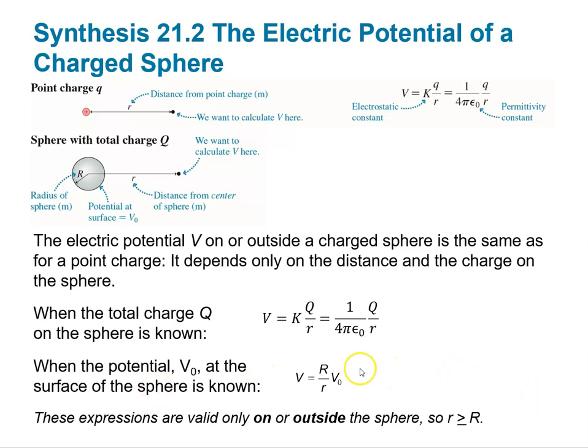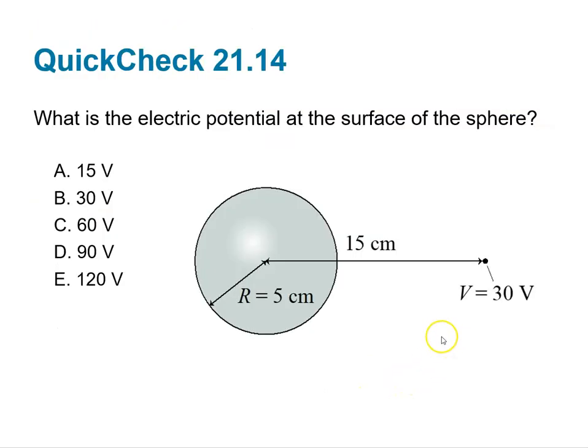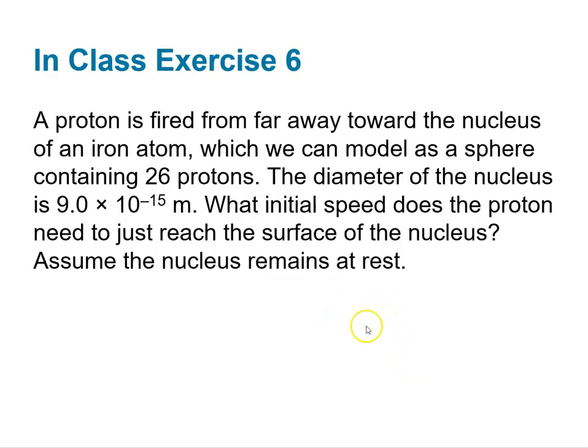So again, at any point away from the sphere, the potential is equal to the radius of the sphere divided by the distance from the center of the sphere times the potential at the surface of the sphere. We'll do this one in class because it's easier to do when I can write things on the board.